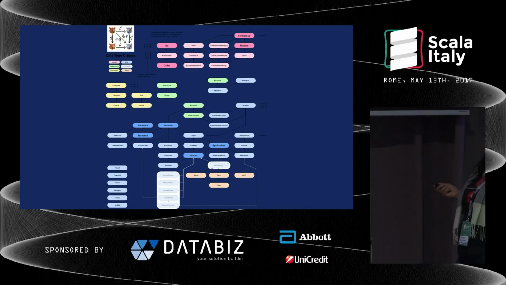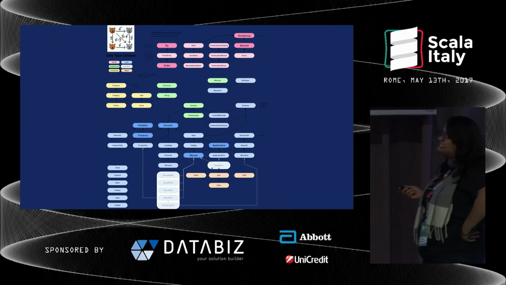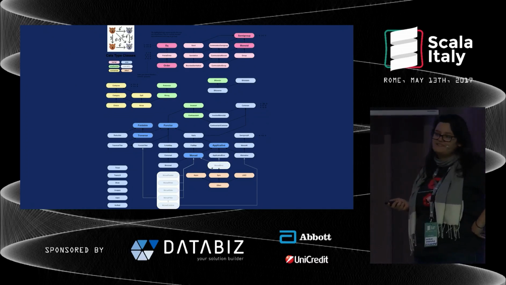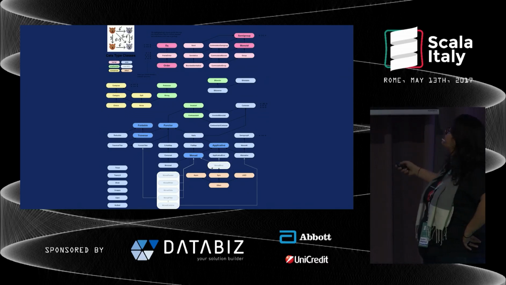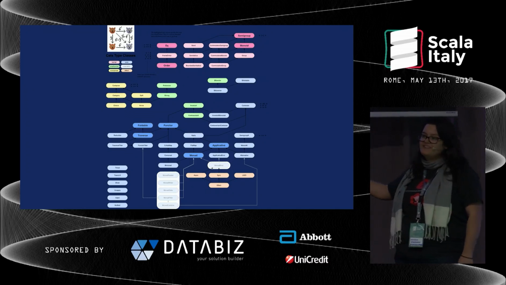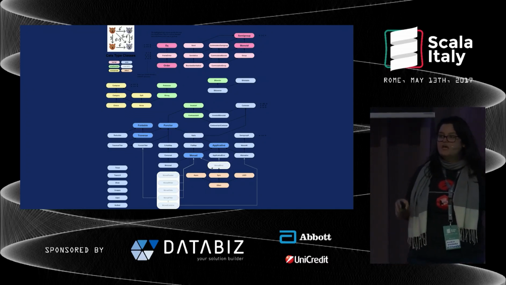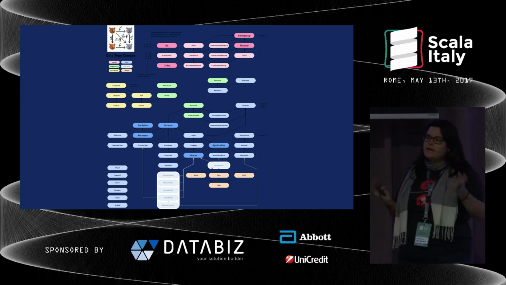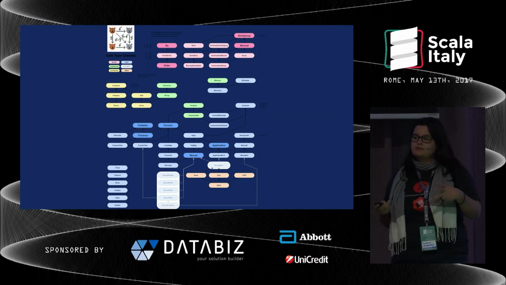This is Rob Norris, our crazy Rob Norris, that did a drawing of all the type classes that are in cats. You probably are not going to be able to see it, but you can see that there is a lot more to know than just those few principles that we have seen. But those few principles that we have seen will let you understand a little bit better why we write the code that we write in that way.